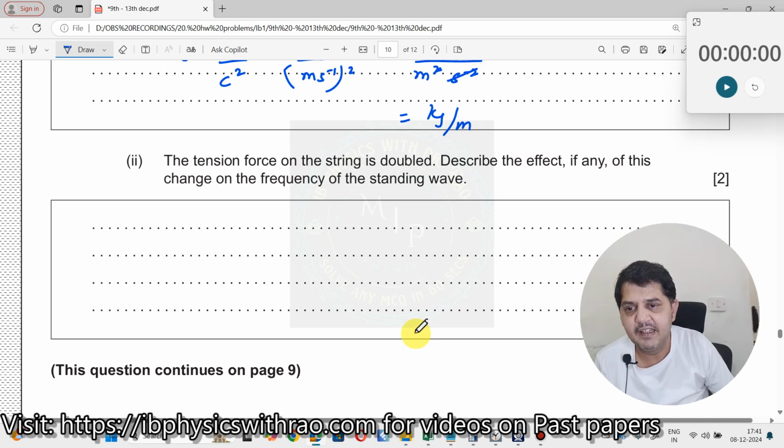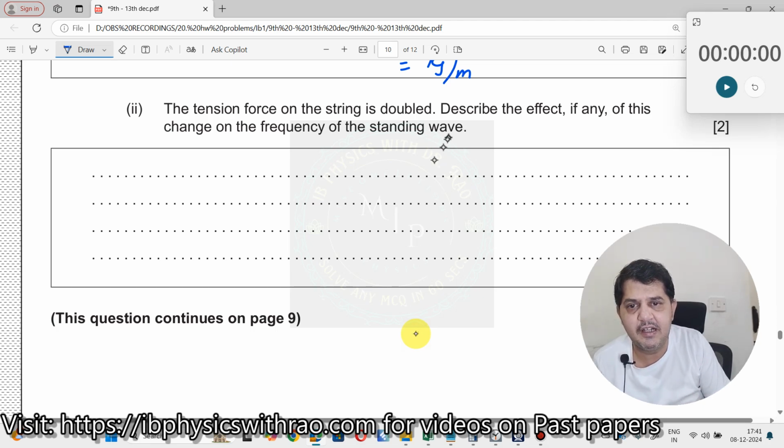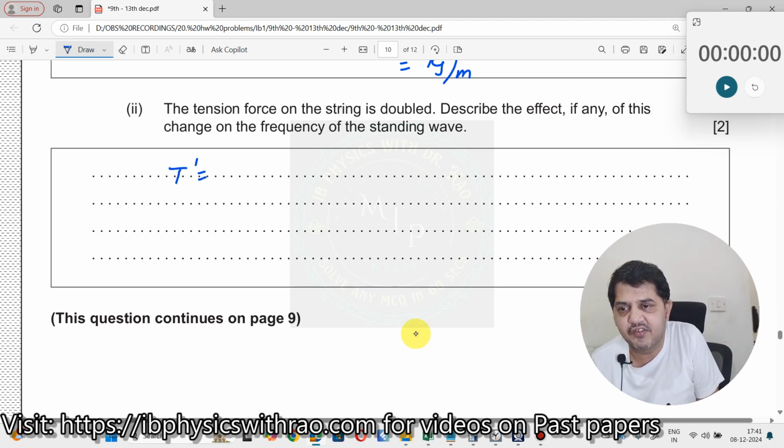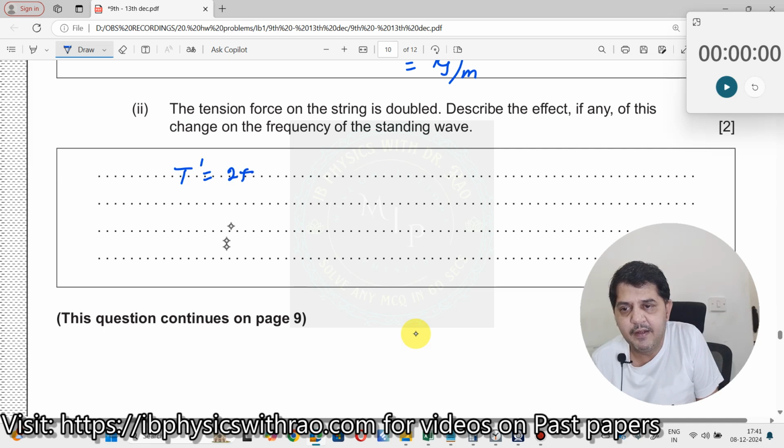Then the tension force on the string is doubled, becomes 2T. Describe the effect, if any, on the frequency of the standing wave. Now, what is given for the formula? T is equal to A c square. So T dash should be equal to A c dash square, where A is a constant and doesn't change. C should change here, right? Let us divide one by the other.